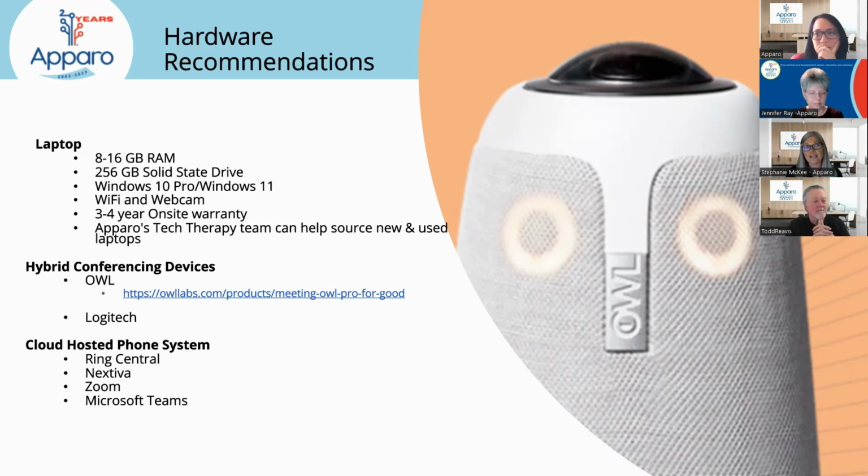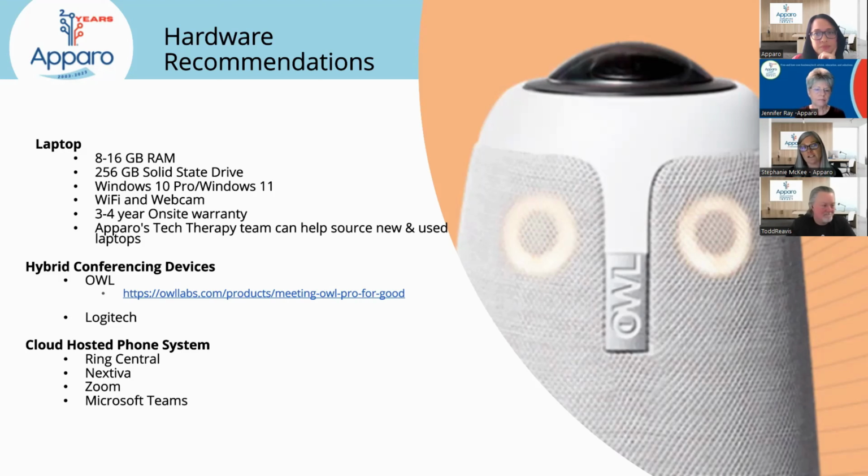We recommend 8 to 16 gigabytes of RAM. 16 is becoming more popular. RAM has come down in price some, so it's a little more reasonable these days. We usually find a 256 gig hard drive.